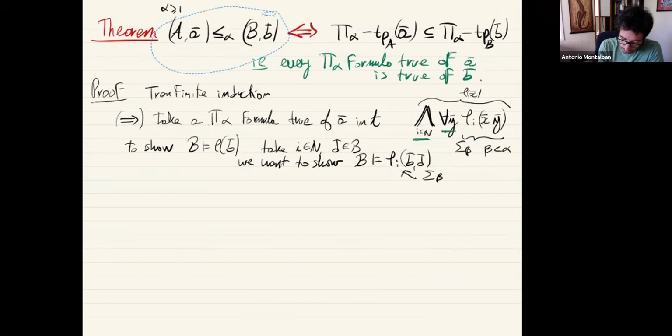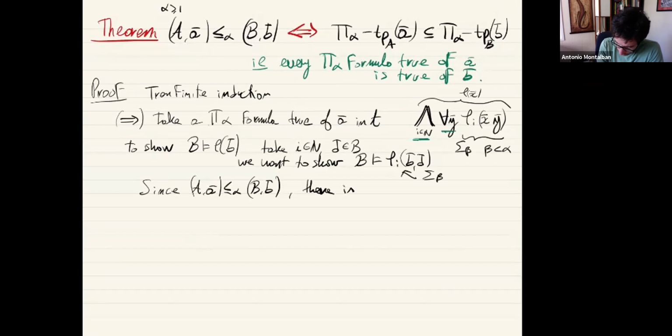Since we have this relation, we know there is c bar in A such that (A, c bar) is greater than or equal beta (B, d).